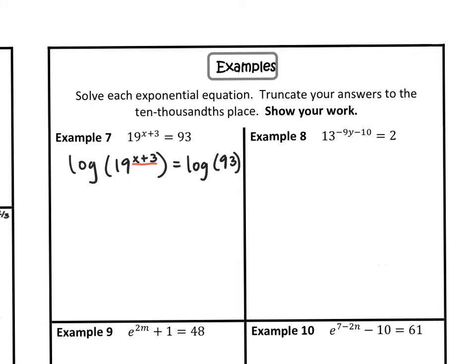So it's going to be x plus 3 times log of 19 equals log of 93. That's the exponent, and I moved it to the front using the power rule, right?